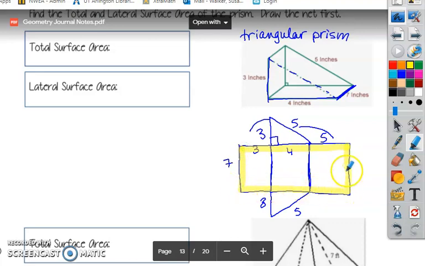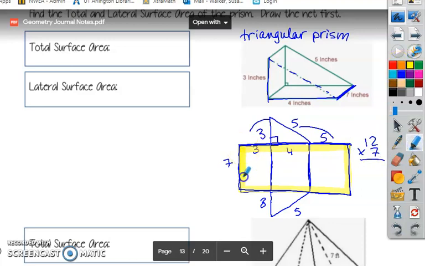We have base times height. The base of this would be 3 plus 4 plus 5. 3 plus 4 is 7, and 7 plus 5 is 12. So this large rectangle is 12 by 7. Now, the way I normally do it is a little different.